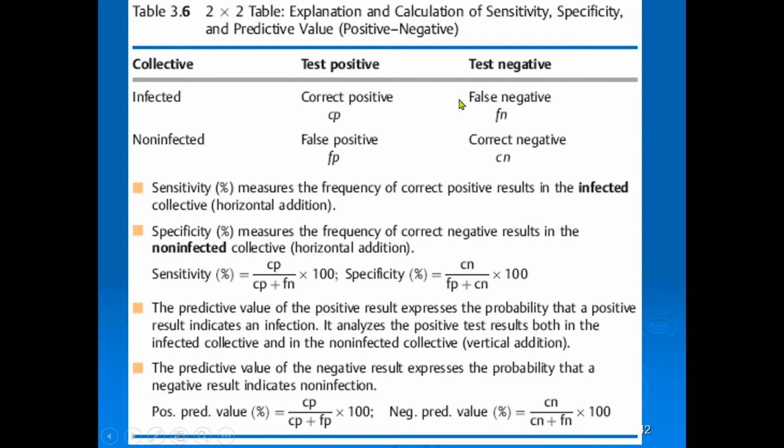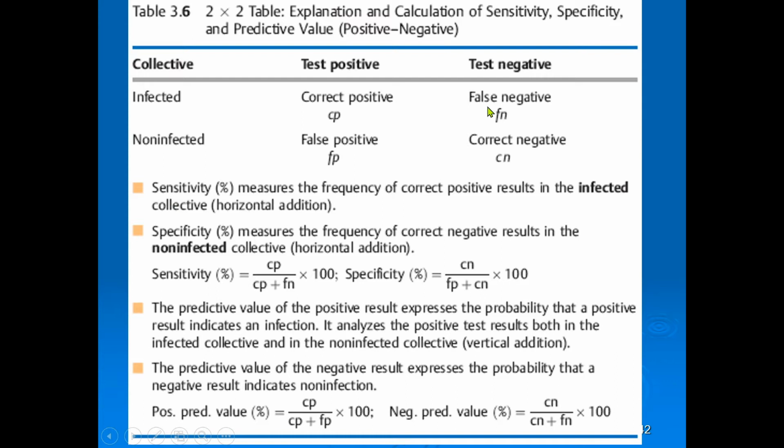For example, it is not acceptable for a test to give false negatives when the person is infected. In the case of COVID-19, the sensitivity of some of the rapid test kits is not even 100%, it's below 90%.